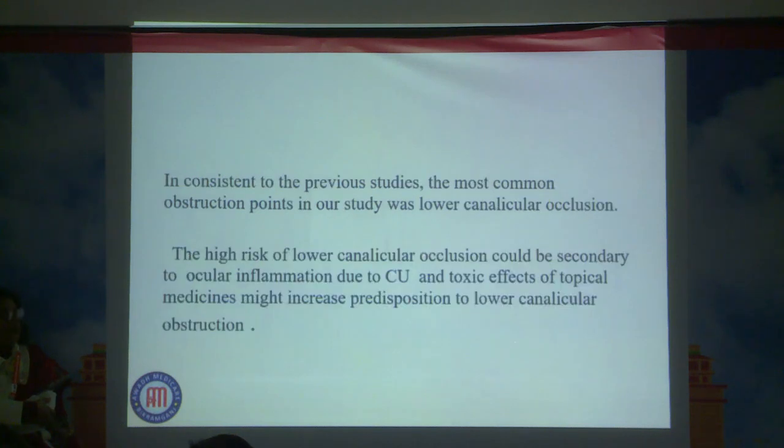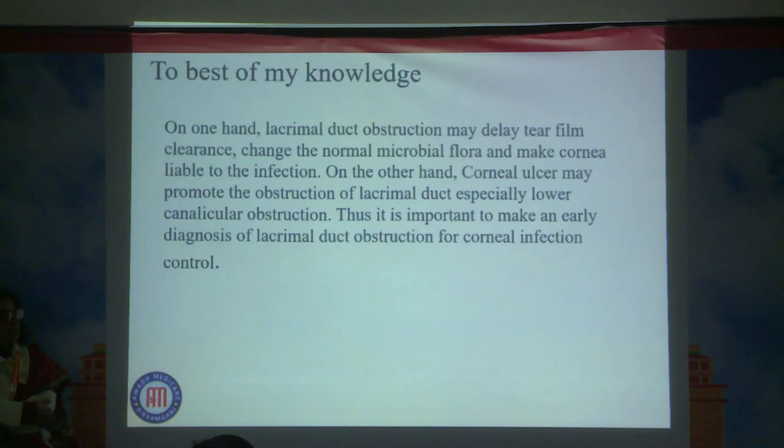Inconsistent with previous studies, the most common obstruction point in our study was lower canalicular occlusion, which could be secondary to ocular inflammation due to corneal ulcer, and the toxic effect of topical medicines might increase predisposition to lower canalicular obstruction.